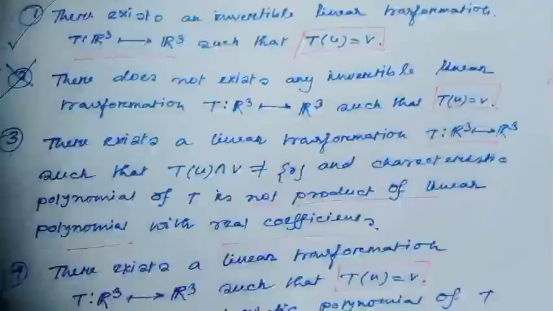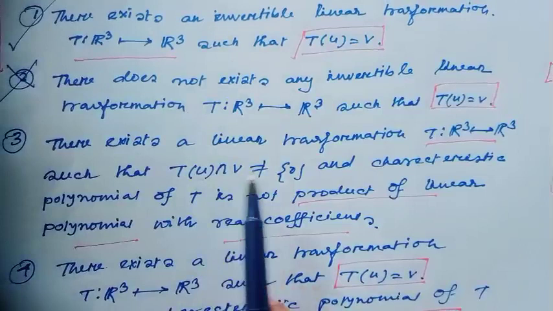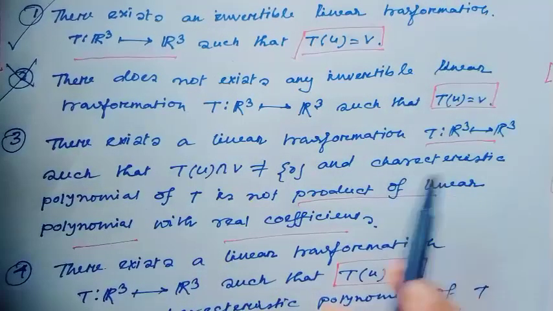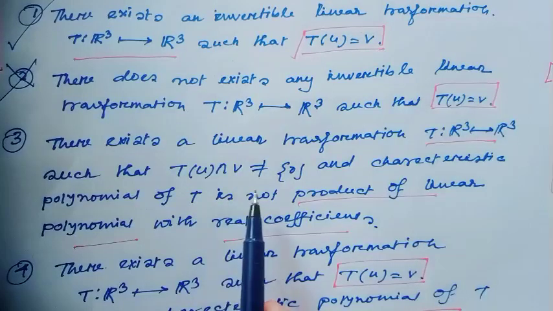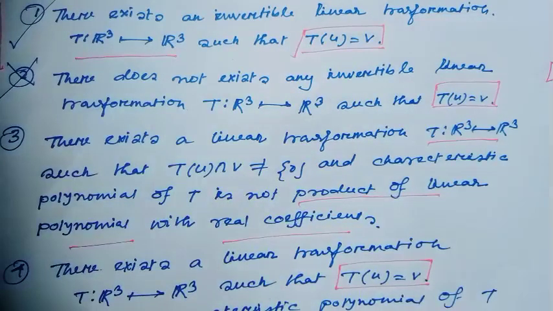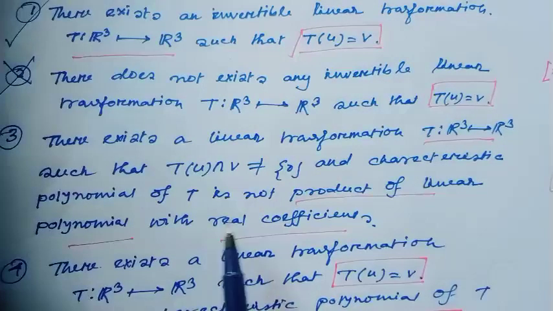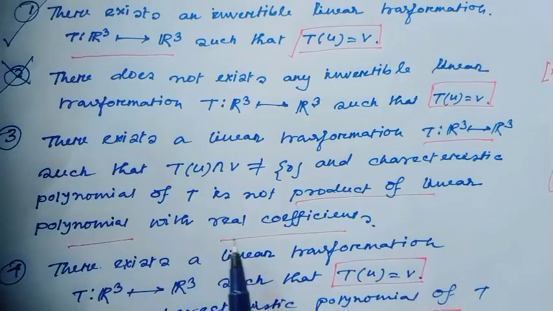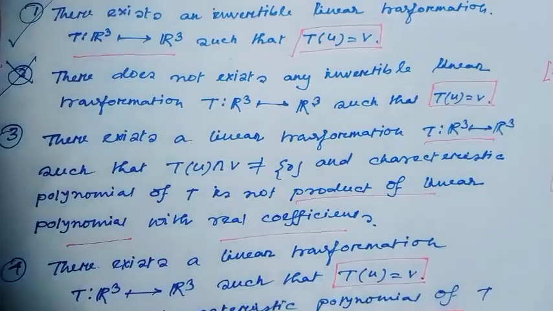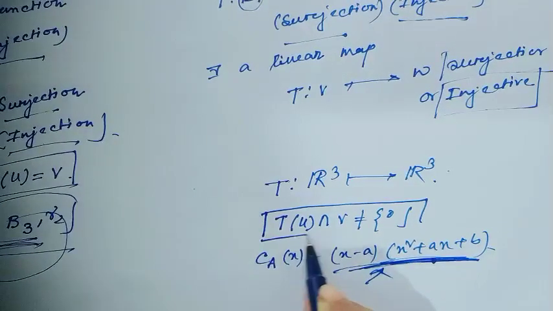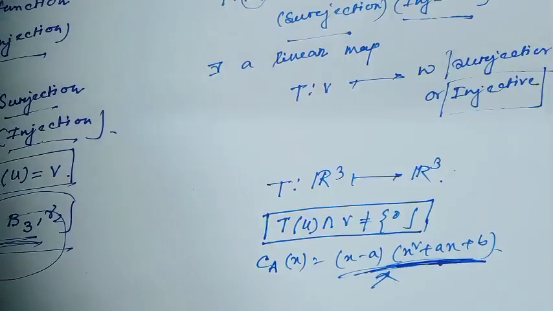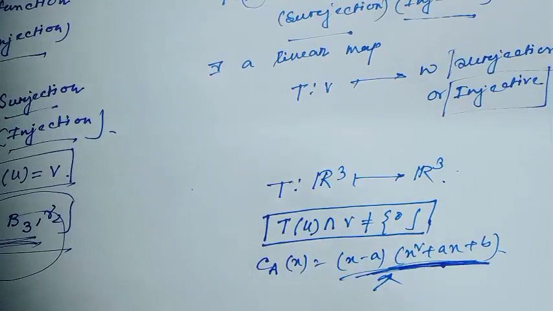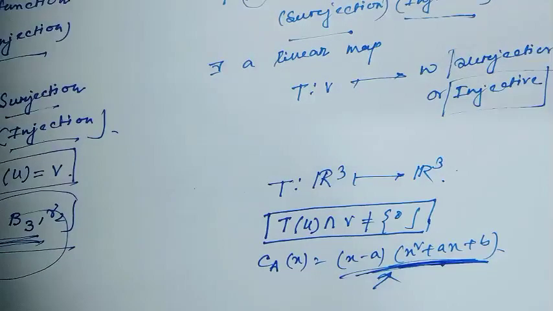And option 3 indicates there exists a linear transformation T from R cube to R cube such that Tu intersection V is not equal to the singleton set 0 and the characteristic polynomial of T is not a product of linear polynomials with real coefficients. Here the question indicates Tu intersection V is not equal to the singleton set 0. For this, we all know this theorem.